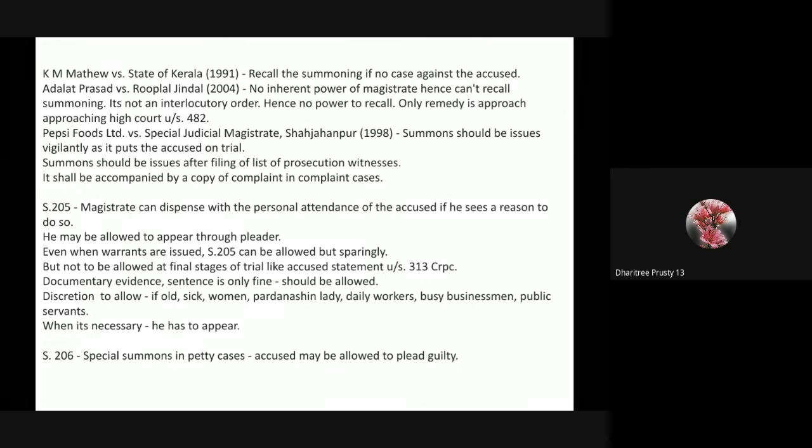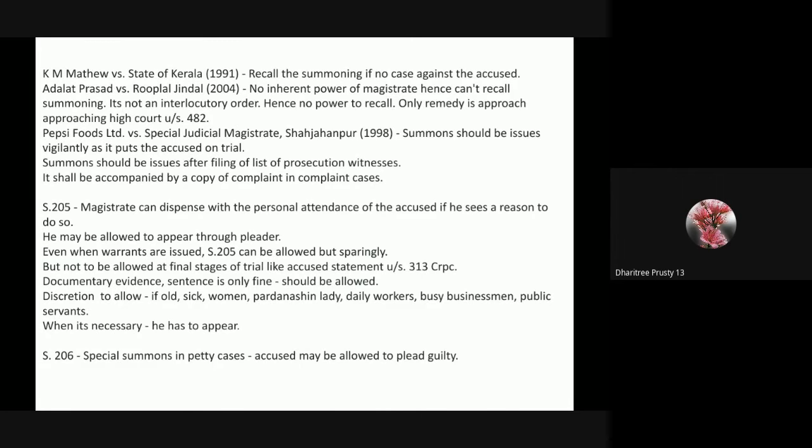But in Adalat Prasad versus Rooplal Jindal, which overruled the K.M. Mathew case, the Supreme Court said that there is no inherent power of the magistrate, and hence recalling of summons is outside the jurisdiction of the magistrate, as it is not an interlocutory order, and hence there is no power to recall. The only remedy available in such a case is to approach the High Court under section 482 CrPC.